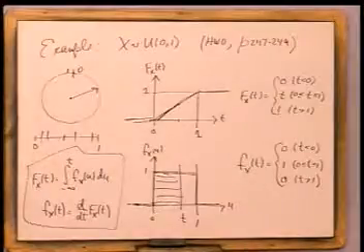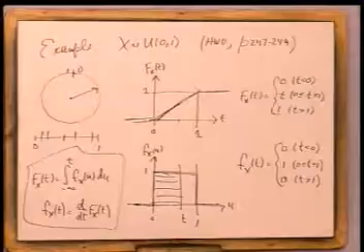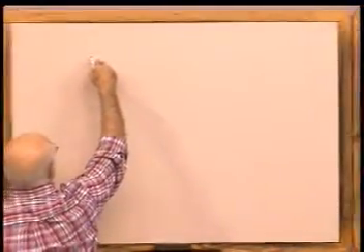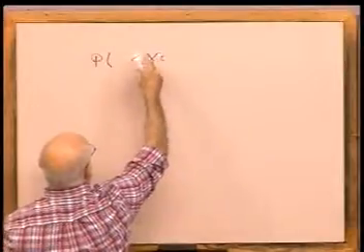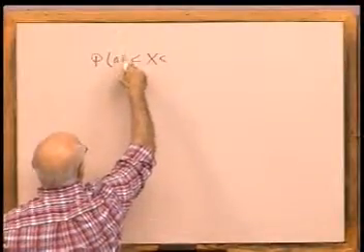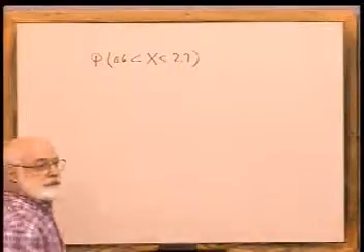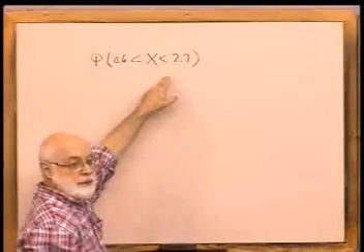So suppose I wanted to calculate something. For example, suppose I asked: what's the probability that x lies between 0.6 and 2.7? Notice I didn't put the equal signs in here, because it doesn't matter.